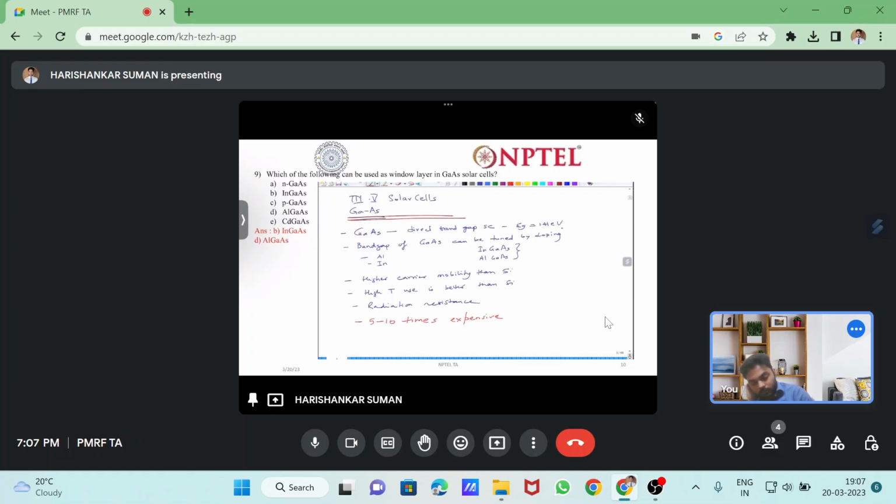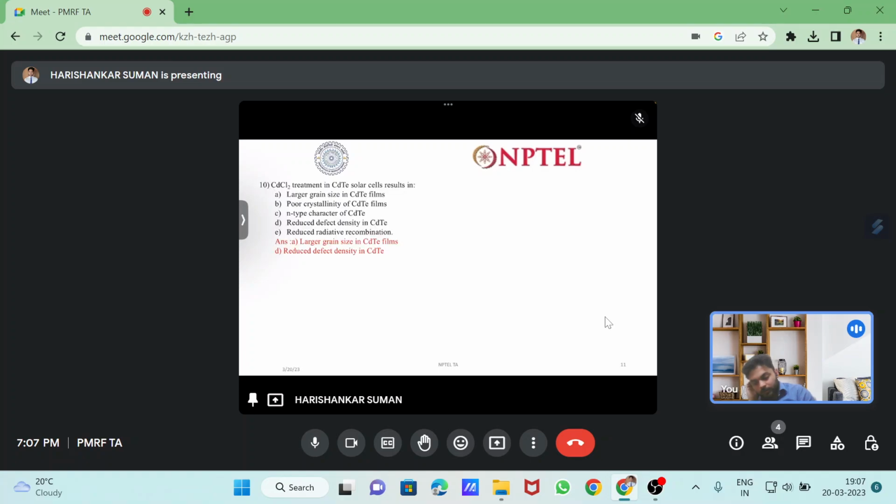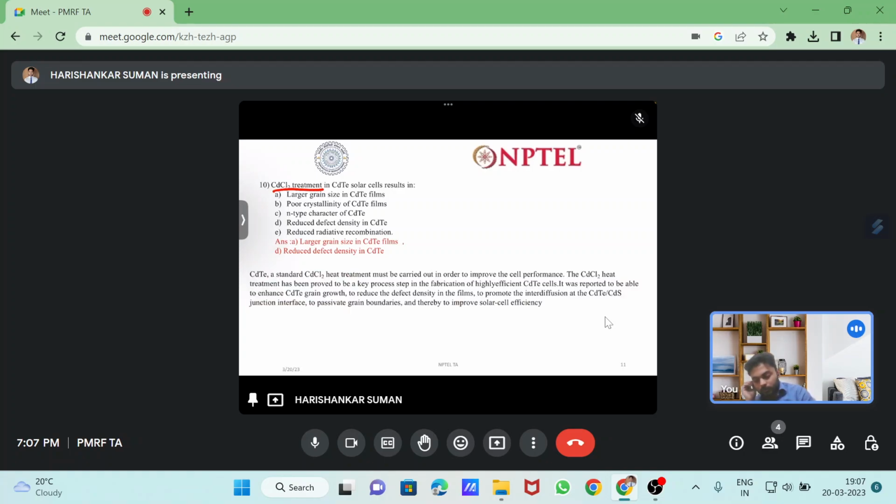And the last question is cadmium chloride treatment. So it improves the surface quality, reduces the defect density, grain. Thank you.